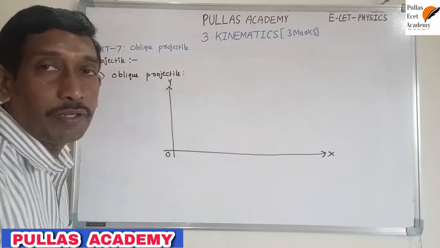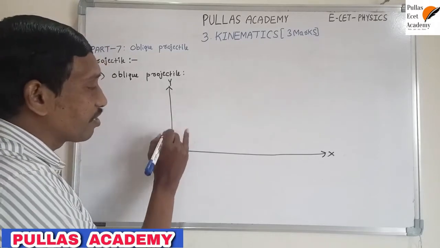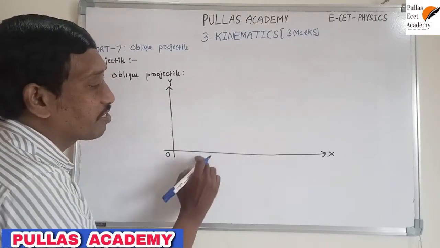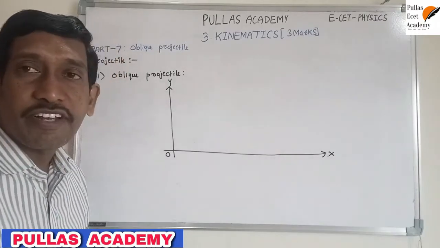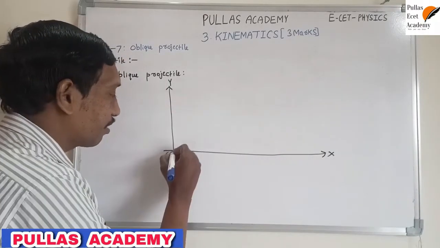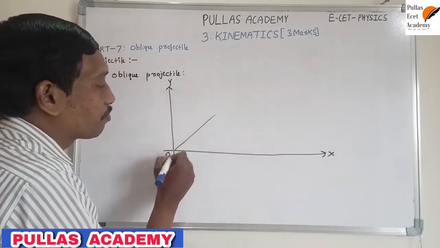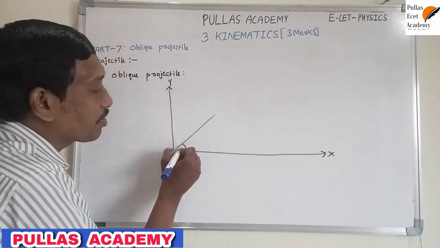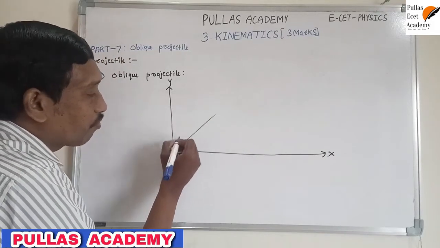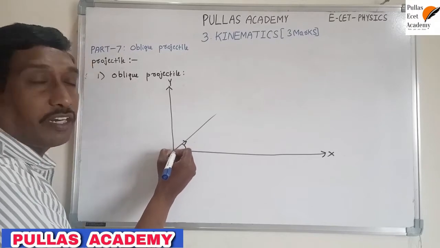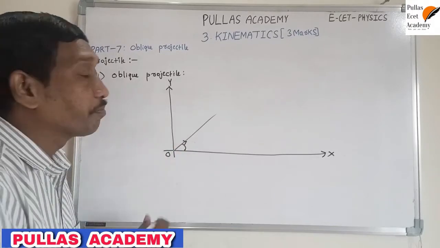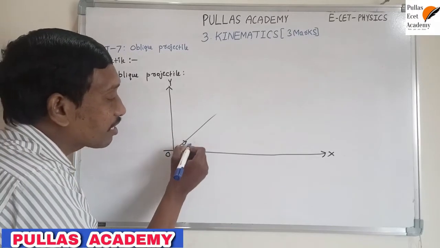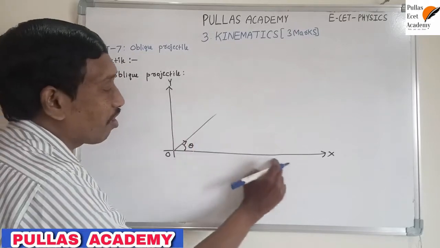Now listen carefully. This x-axis always stands for the horizontal direction. Suppose an object is projected with some velocity into air at an angle theta with the horizontal. This is the horizontal.